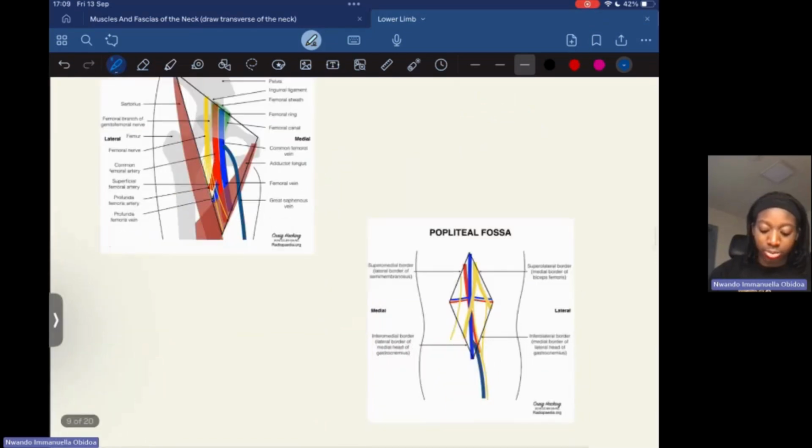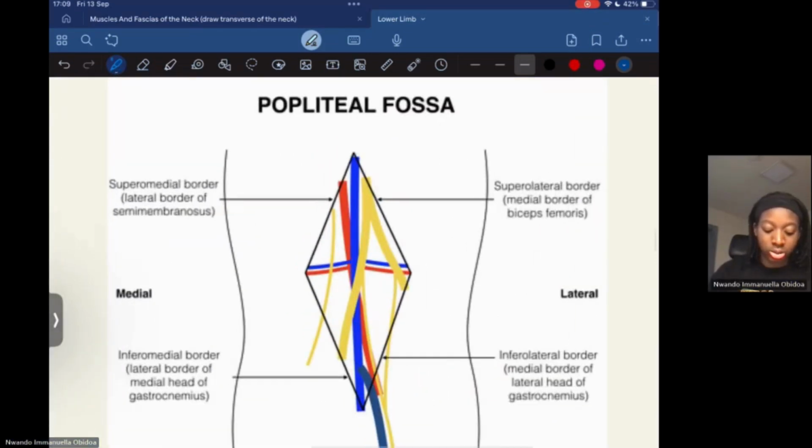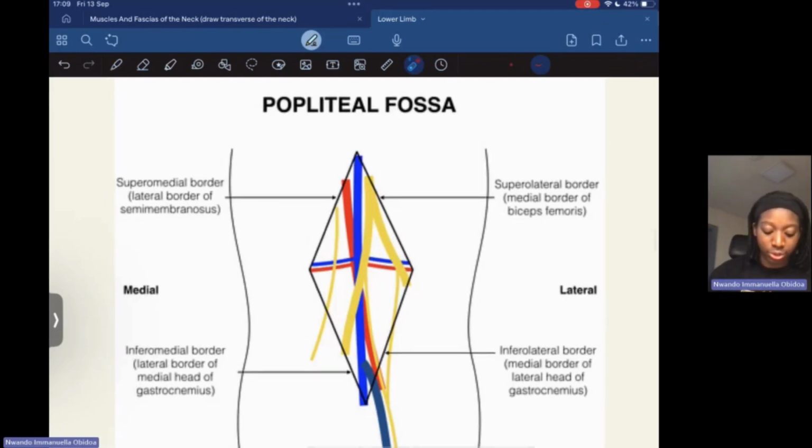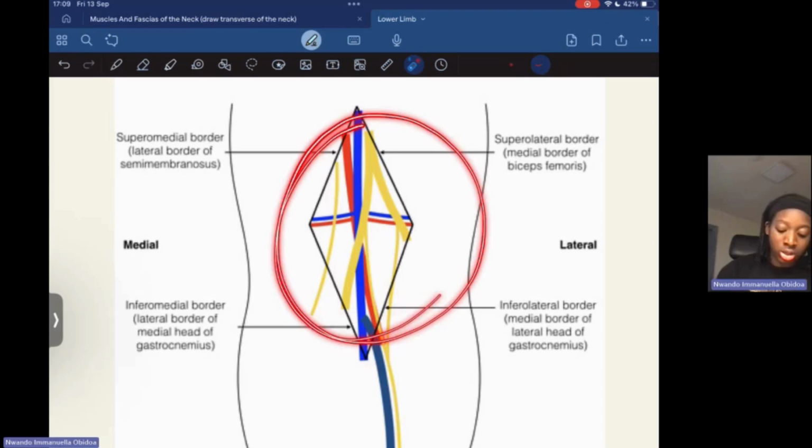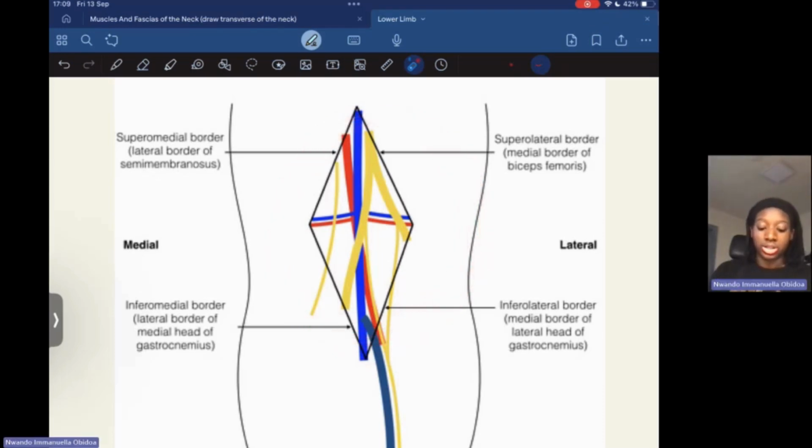And then we have your popliteal fossa. Very nice and easy, it looks like a diamond. So here, this is the back of your knee. If you feel behind your knee, that's the back of your knee.